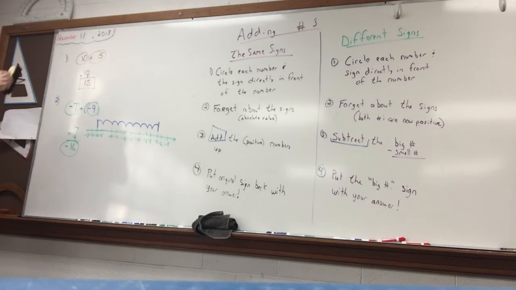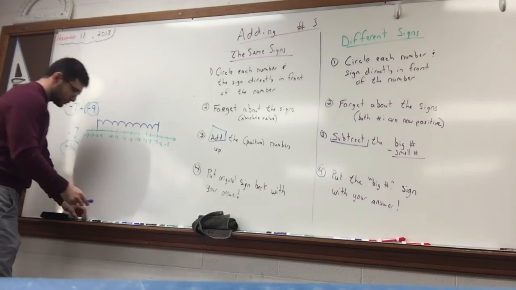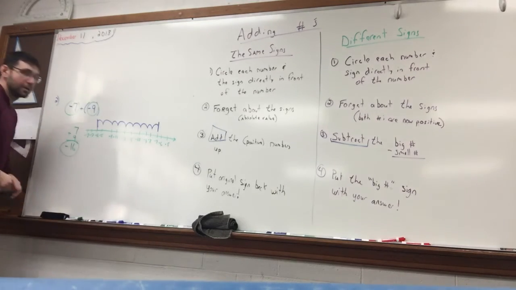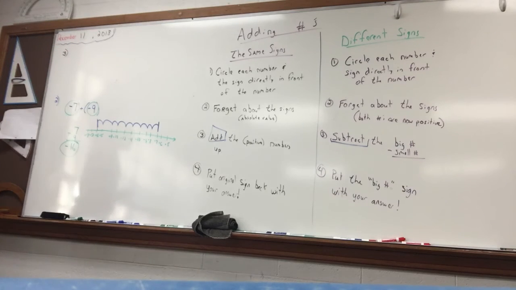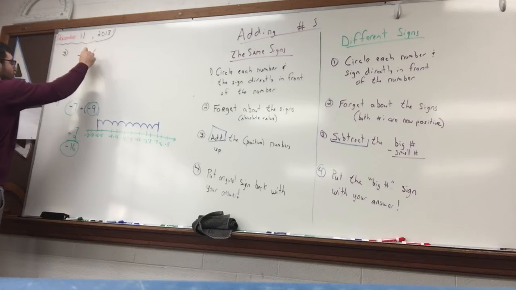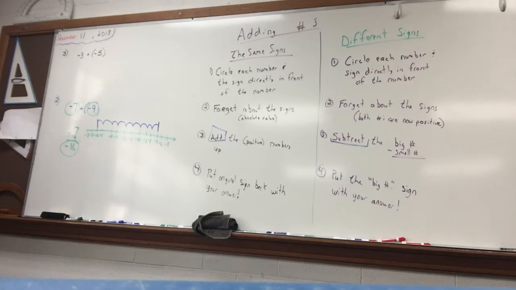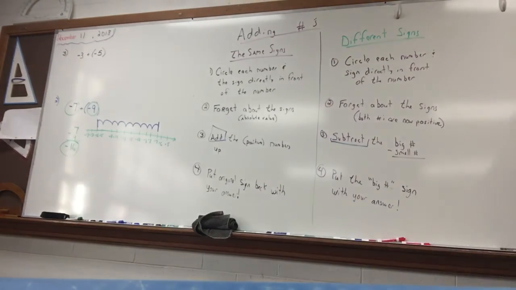So I'm going to erase number 1, and I'm going to put number 3 up there. You are doing number 3 on your own. -3 plus -5. Follow the rules, use a number line, whatever you need to do.